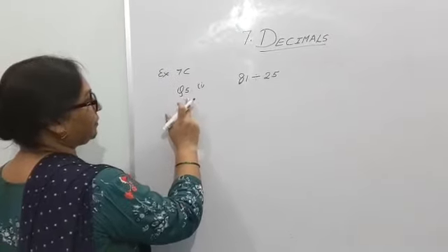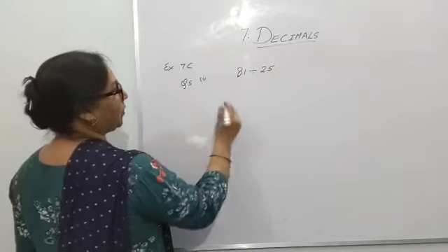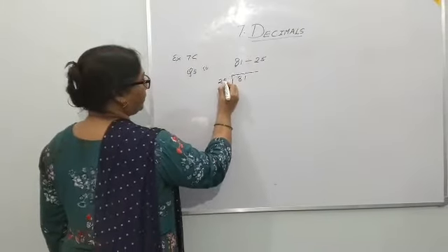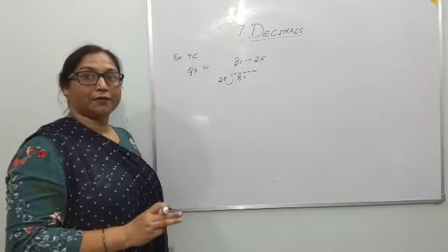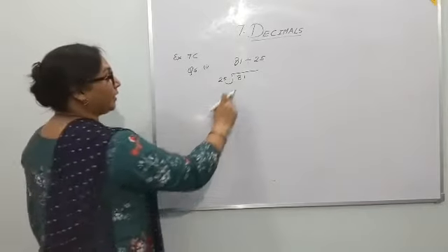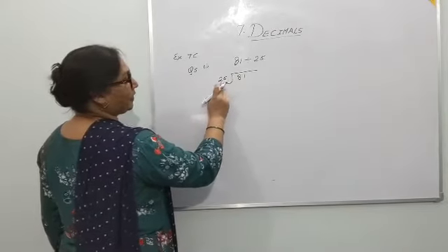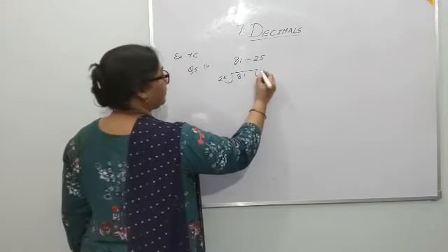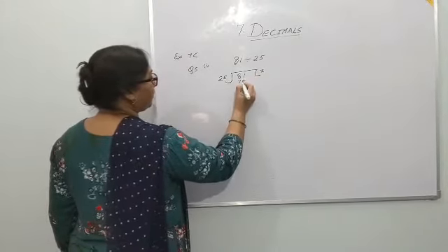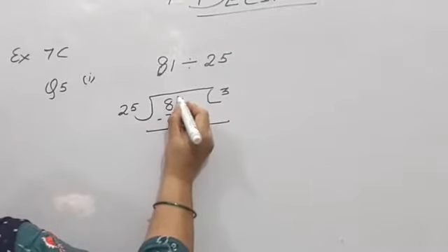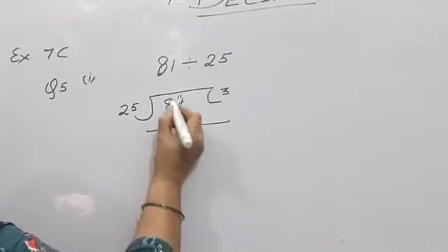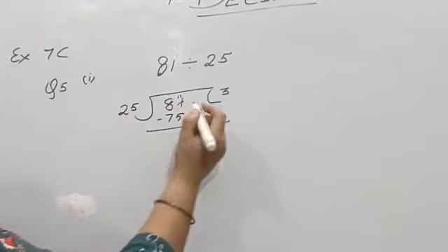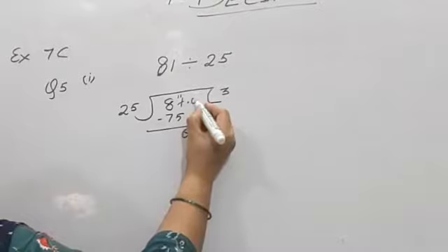Now I am dealing with the question of Exercise 7C, question 5, first part. 81 divided by 25. Hope you all can identify the dividend and divisor. So here 81 is the dividend, 25 is the divisor. So let's proceed like a traditional division of whole numbers. 25 3 is 75, minus, it will borrow, 11 minus 5, 6. We don't have any more numbers to shift down, so put a decimal point and add a few zeros.